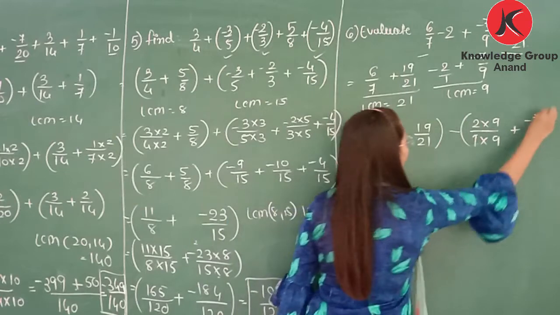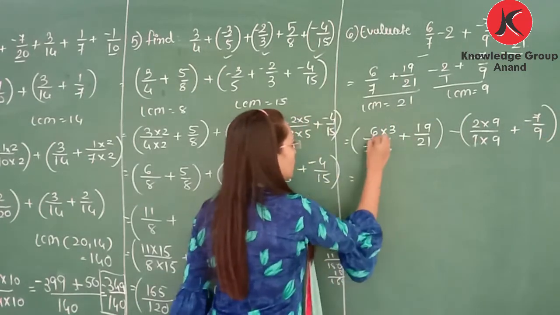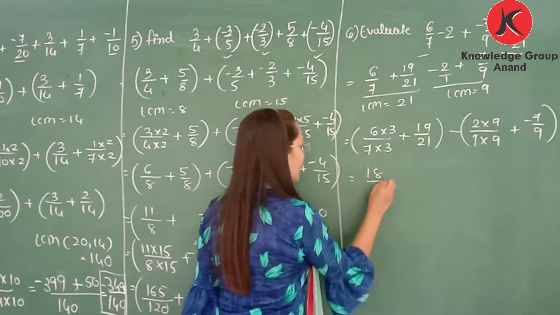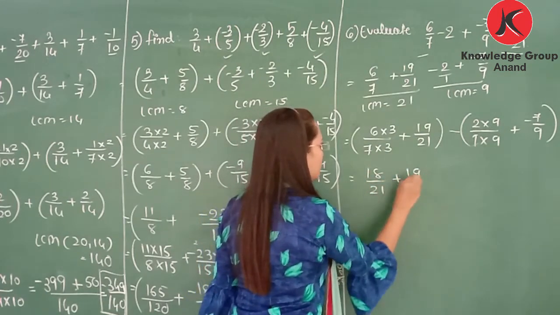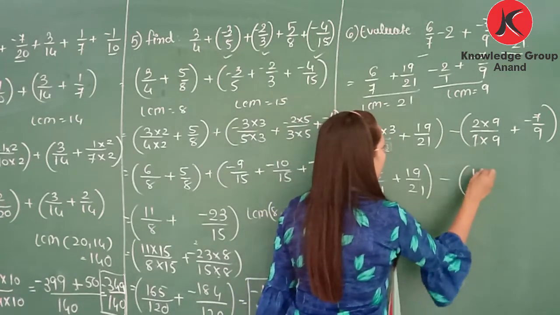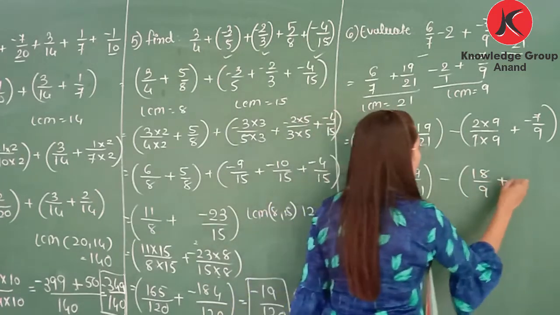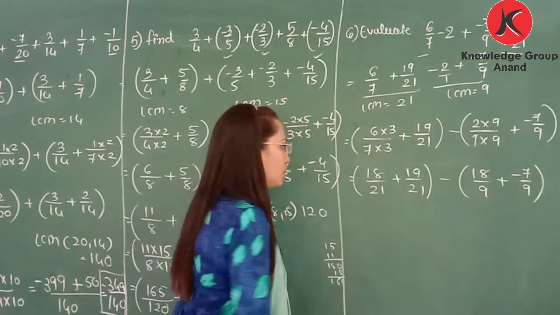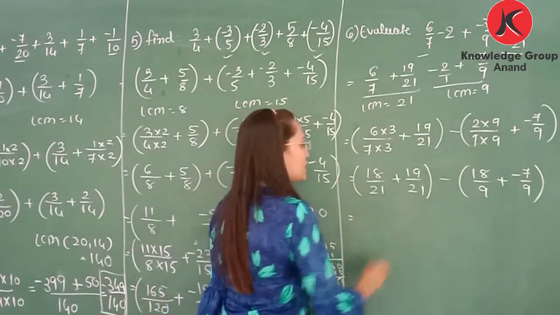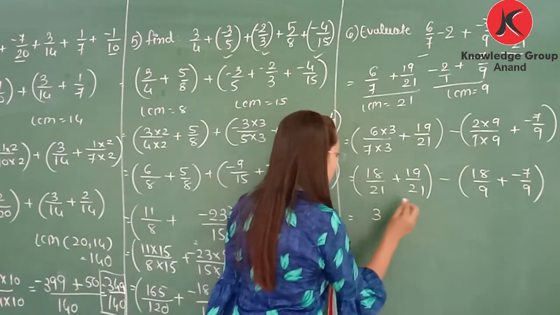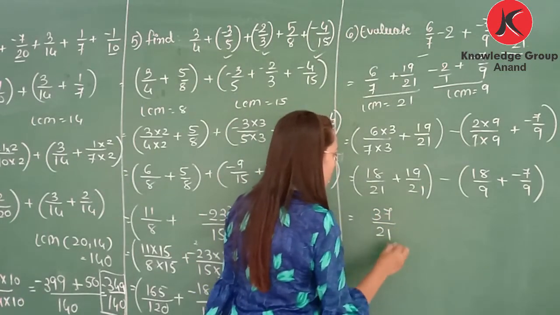Now we have these two groups. So it is 18 by 21 plus 19 by 21, minus 18 by 9 plus minus 7 by 9. Okay. Now 18 plus 19, that is 37 by 21.